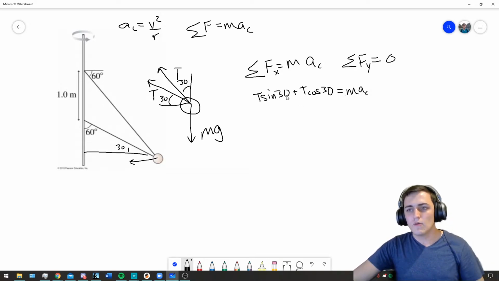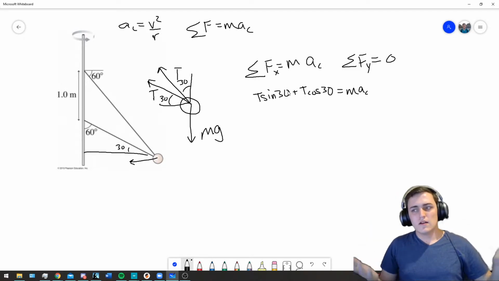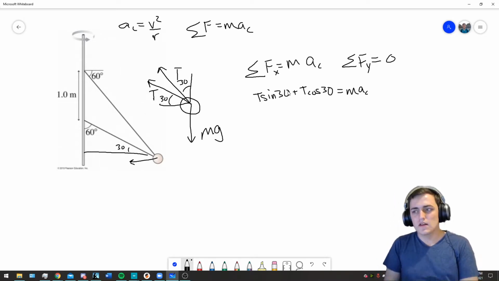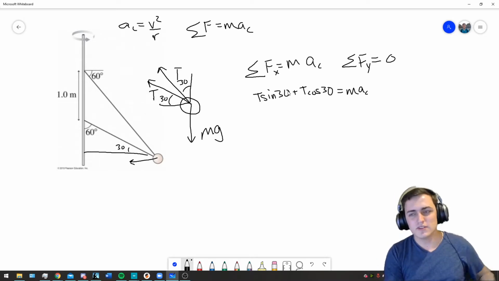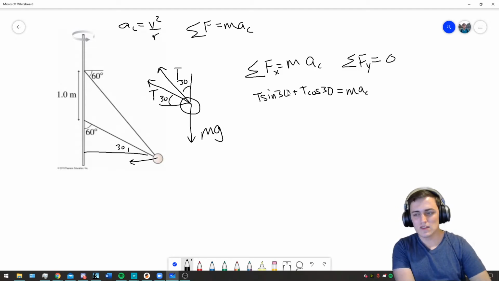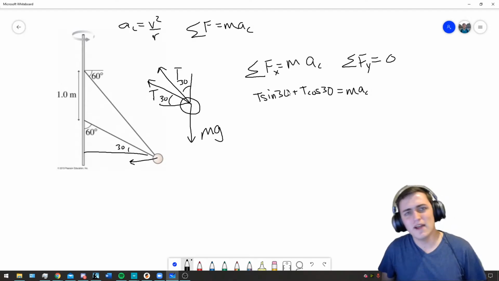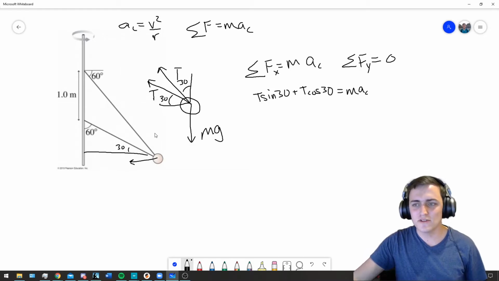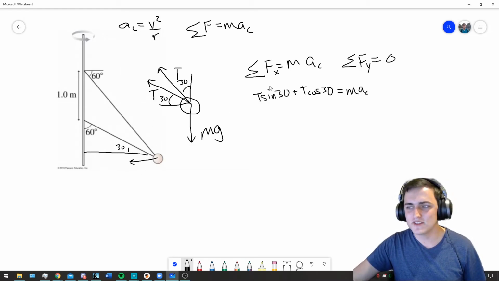Now, why did we make these positive and not negative? Well, we're almost looking for a magnitude. Centripetal acceleration is constantly changing directions, and so we don't normally give it a negative or a positive sign. Normally, centripetal acceleration is just a magnitude. And that means we just want to find the magnitude of the force. We don't really care if this is a negative, we'll just get a negative acceleration, which is fine.